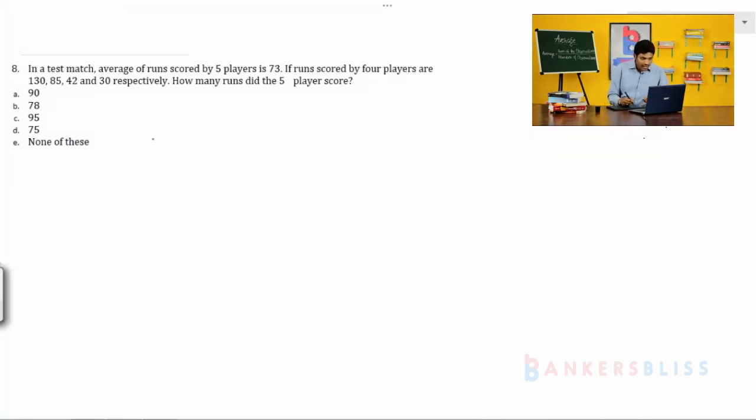So average is equal to sum by n. So sum of 5 matches. The average they have given is 73. So 130 plus 85 plus 42 plus 30 plus the 5th match, divided by 5, is equal to 73.